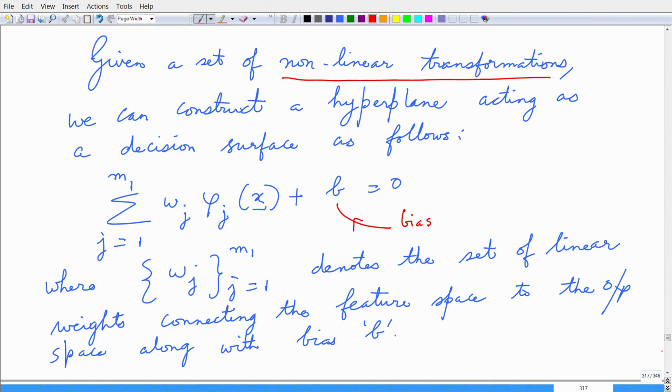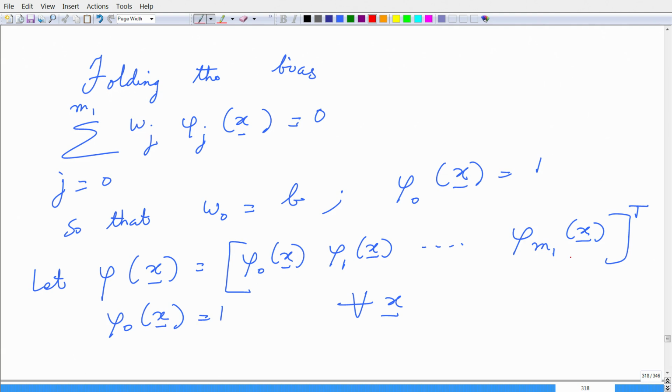Now we can simplify this equation in a more compact form by folding the bias also within the weights. So by folding the bias we will end up with this equation summation j equals 0 to m1 wj times phi j acting on x to be 0, which is in this form w transpose times phi is 0.